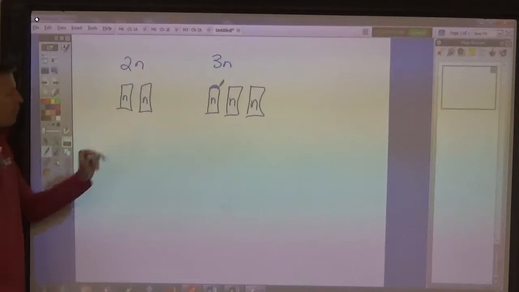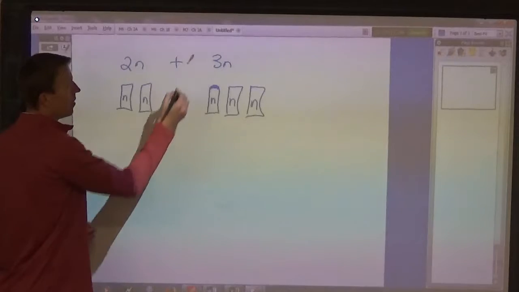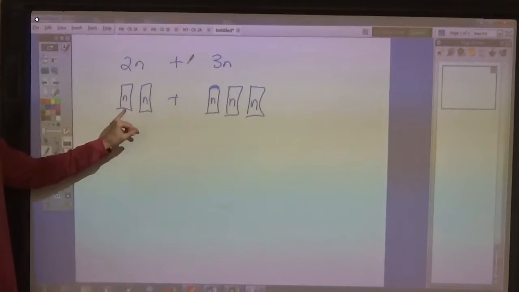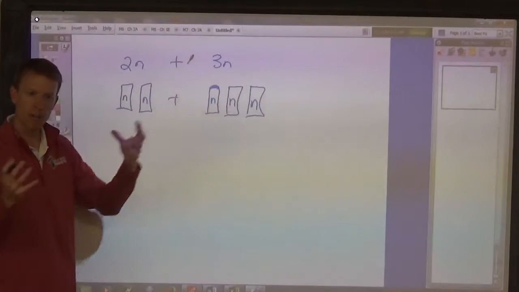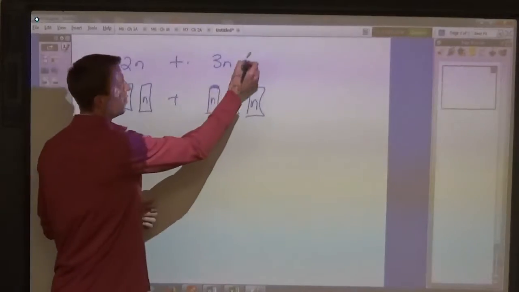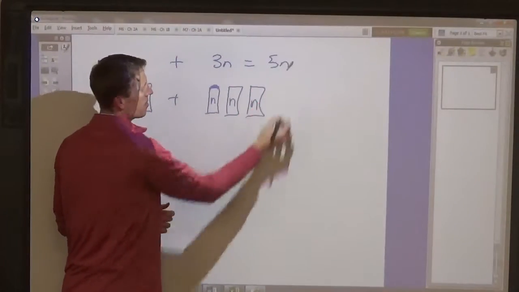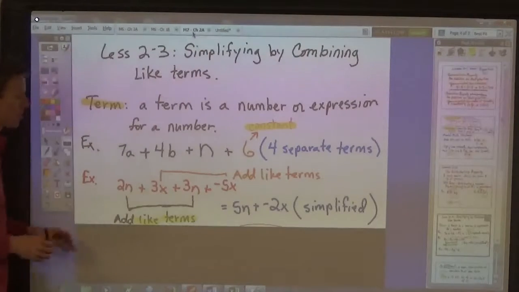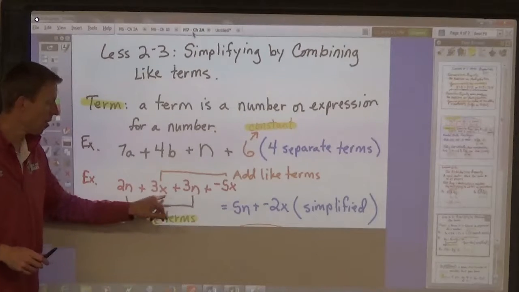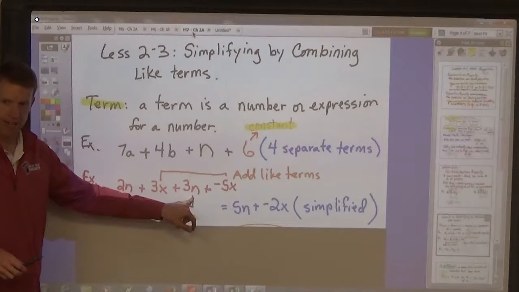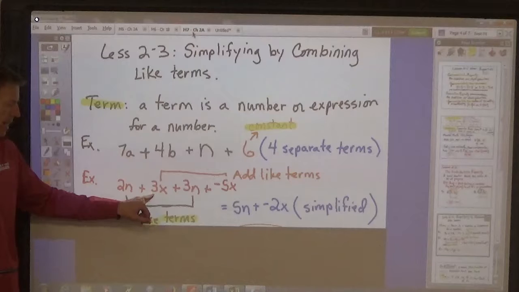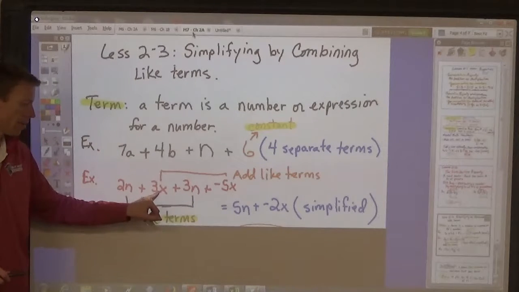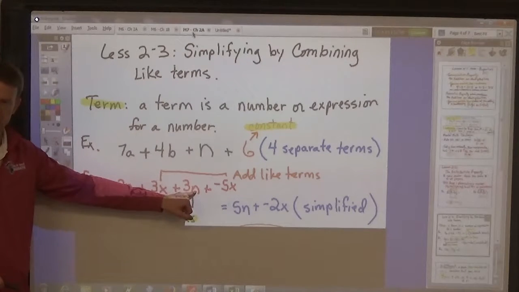And if you have this expression, 2 n's plus 3 n's, you can combine them. That equals 5 n's. But in your notes, 3 x's do not look like 3 n's. So you can't add 3 x's and 3 n's.